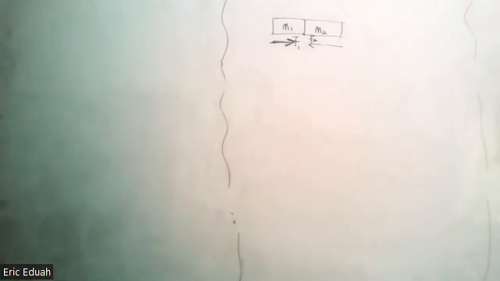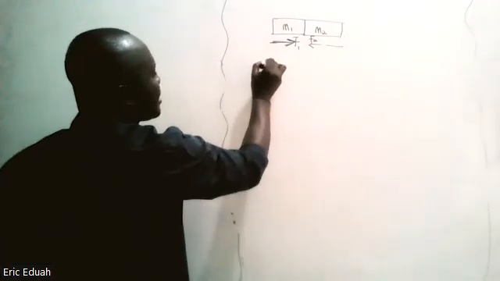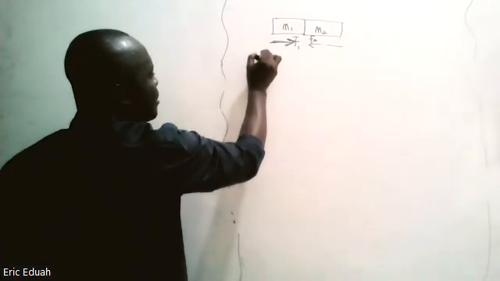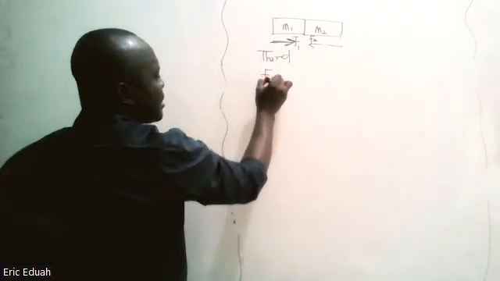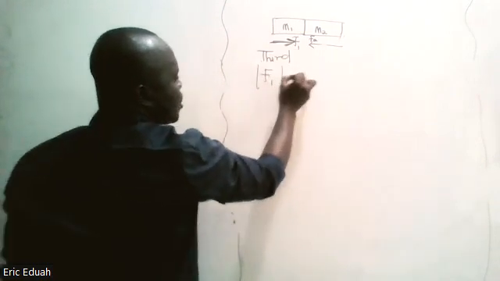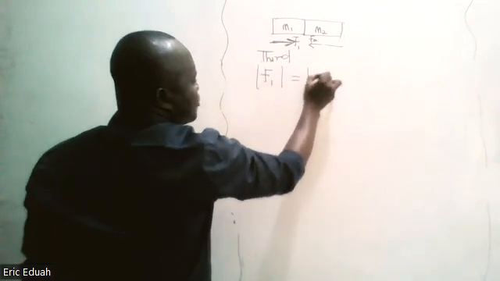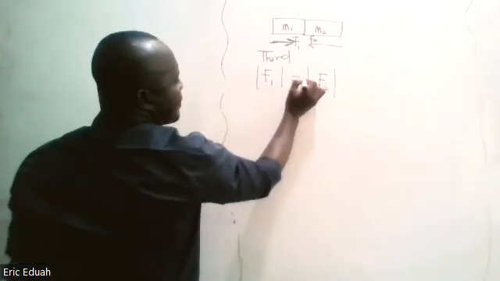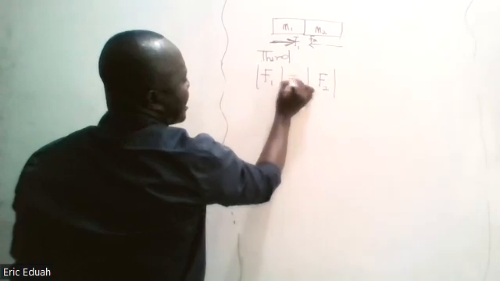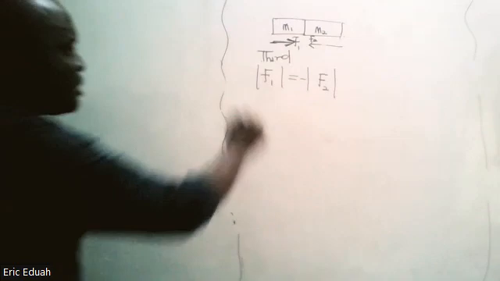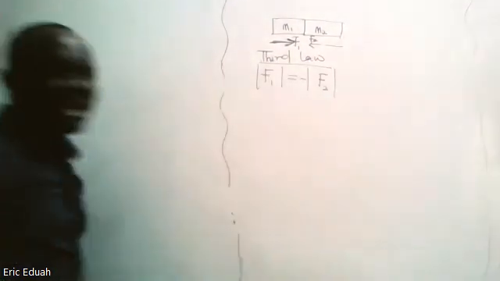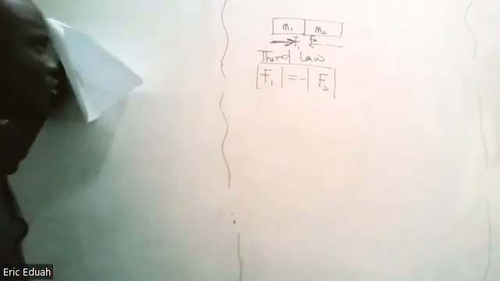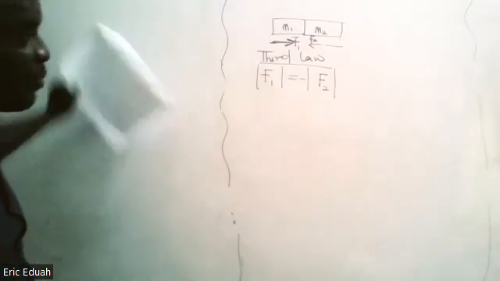So if we take Newton's third law, the magnitude of F1 is equal to the magnitude of F2, but their directions are opposite. This is the third law. Action and reaction are equal, but opposite.